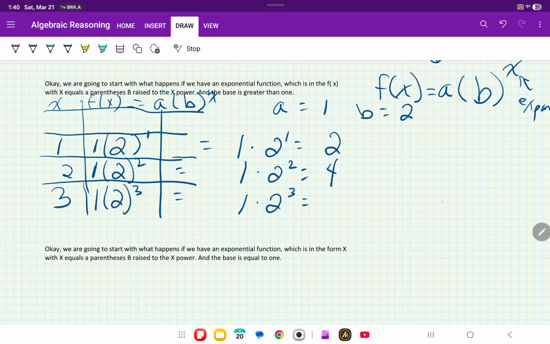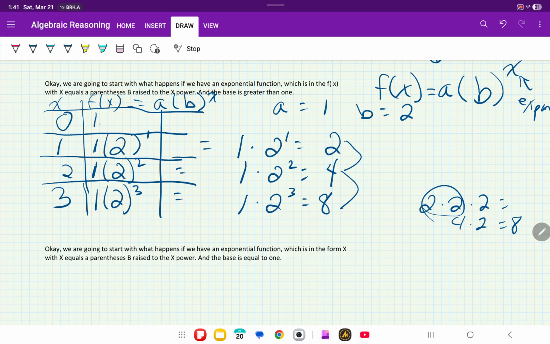We can come over here and do some side work: 2 times 2 times 2. 2 times 2, of course, is 4. Times 2 is 8. We can also notice there's a pattern going on: this is doubling every time. As my exponents increase, this doubles. So now we can figure out what it would be if x was equal to 0.